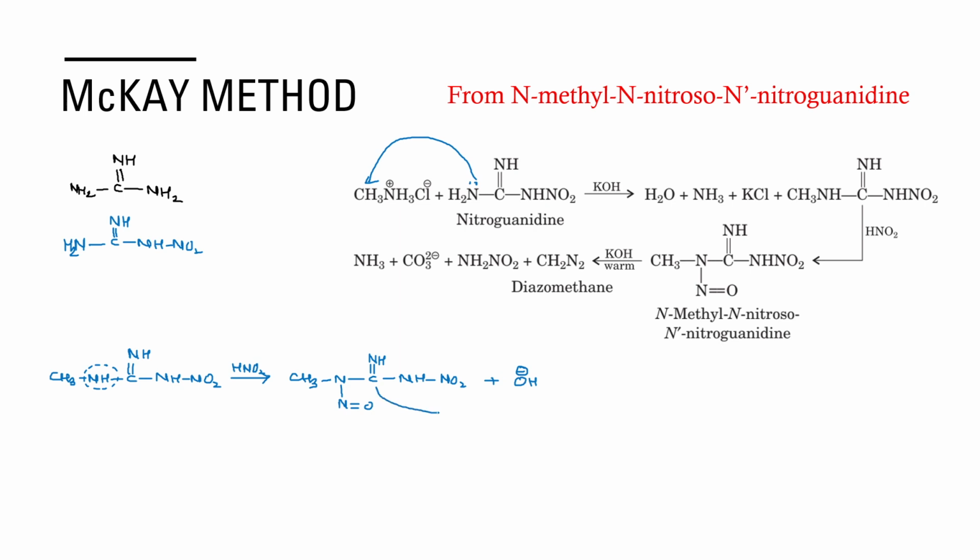OH minus attacks here. This splits, this comes over here, and we get CH3 N double bond N O minus. Okay. Next compound is NHNO2 connected to carbon double bond NH, which is connected to an OH unit.